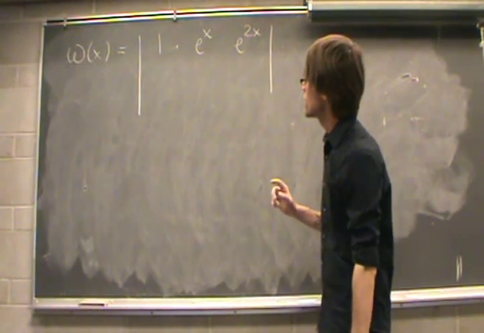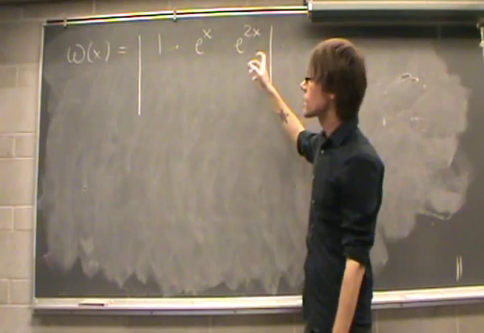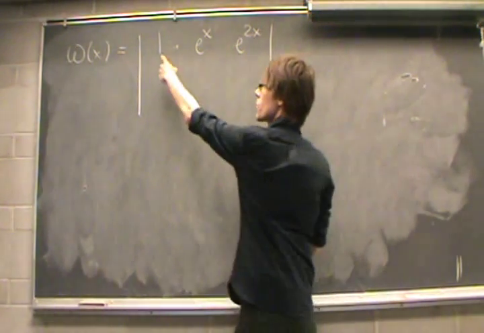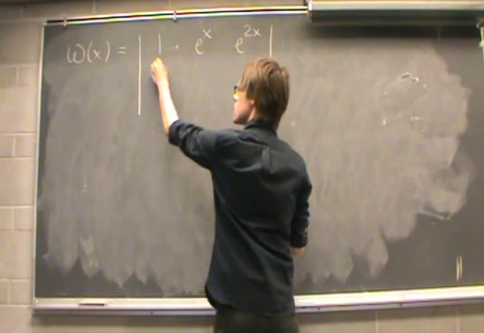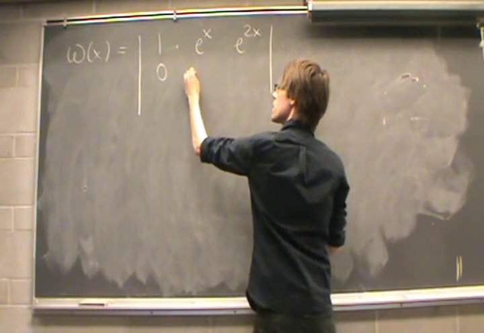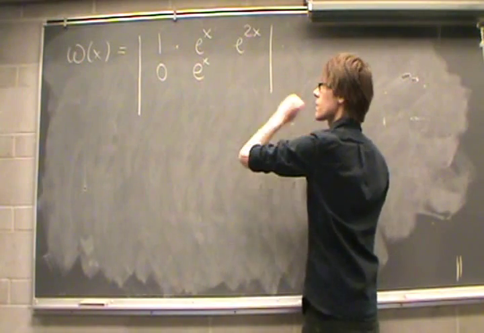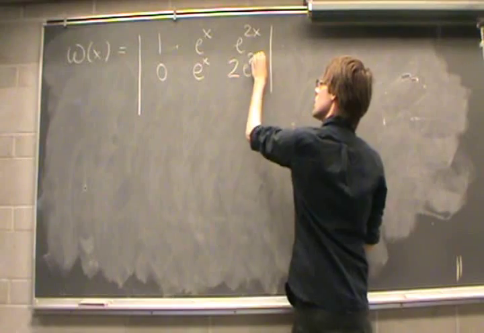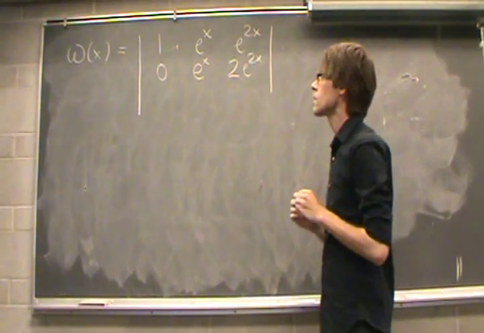So there's our row 1. In row 2, we take the first derivatives of each of these functions individually. The derivative of 1 is 0. The derivative of e to the x is e to the x. And the derivative of e to the 2x is 2e to the 2x.